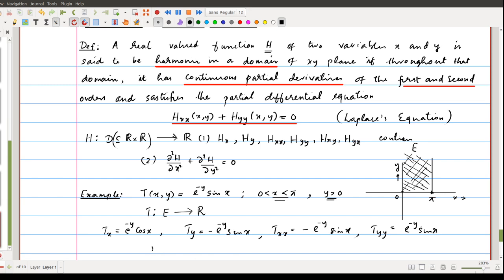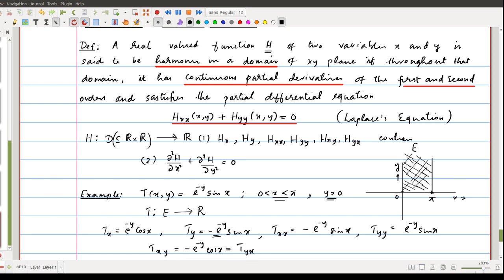Finally, txy or tyx: both are the same. Differentiating tx with respect to y gives minus e to the power minus y cos x, and differentiating ty with respect to x gives the same, minus e to the power minus y times cos x.